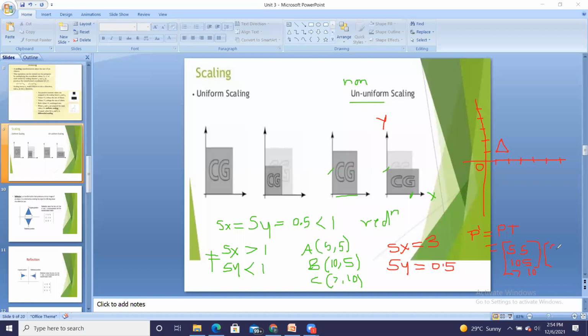So here Sx, 0 and 0, Sy are your elements. So this x factor will get multiplied with Sx always, and the y factor will get multiplied with Sy always. So Sx and Sy values are 3 and 0.5 respectively.